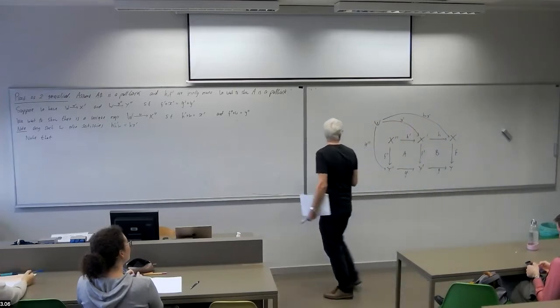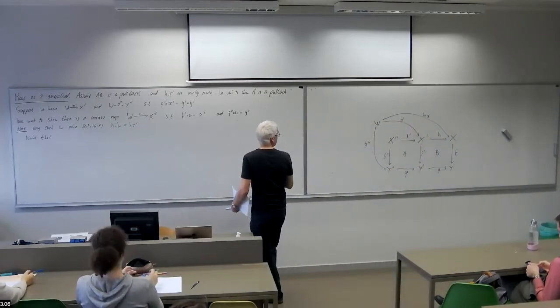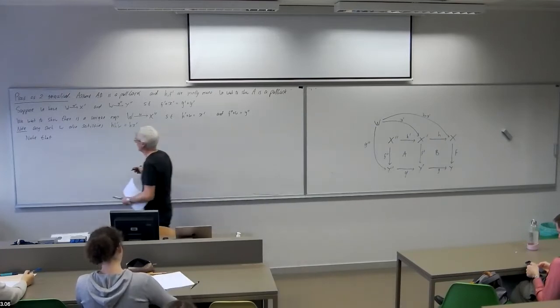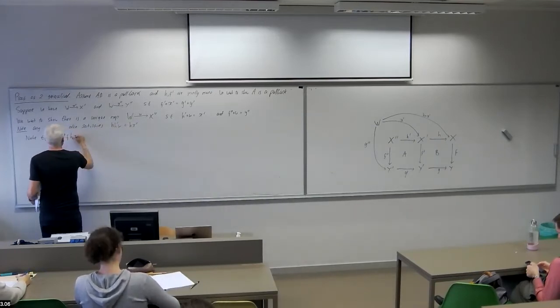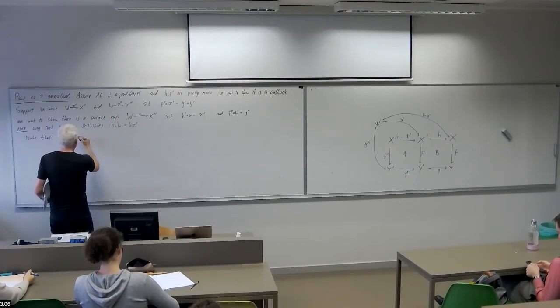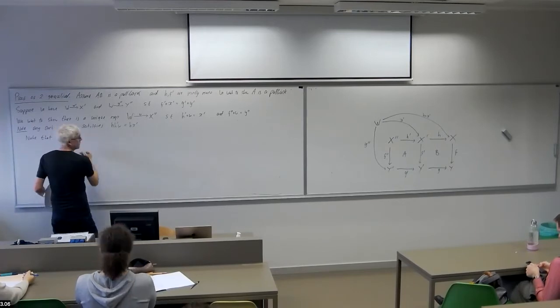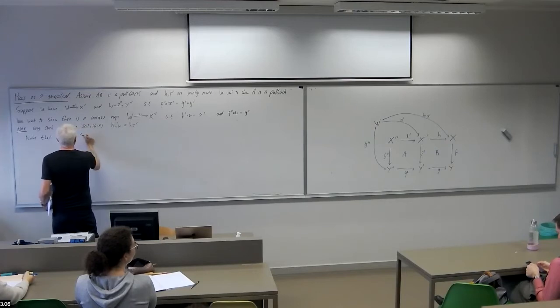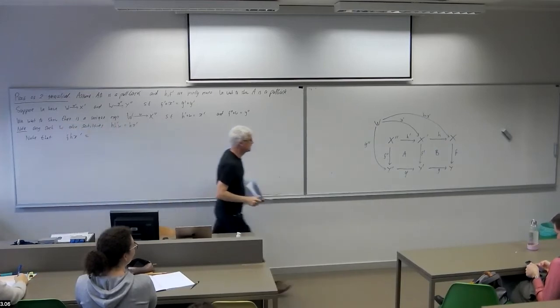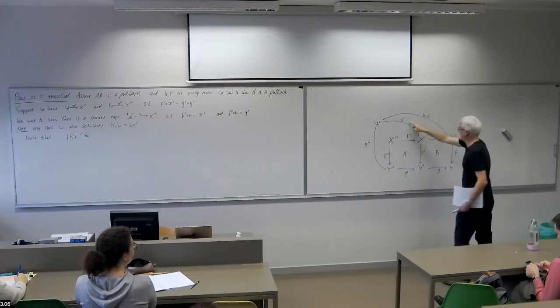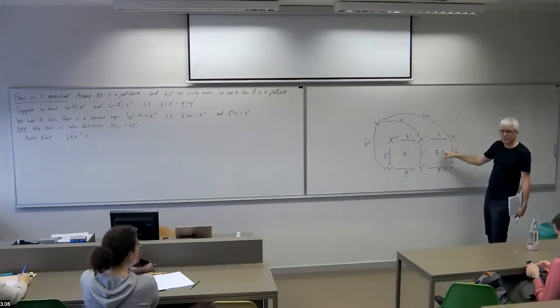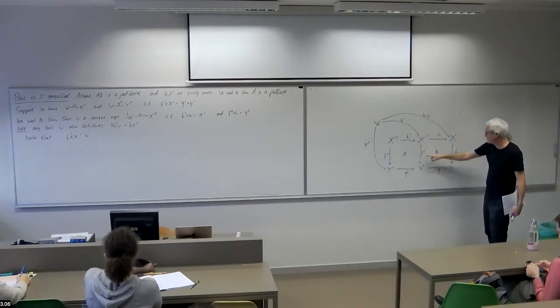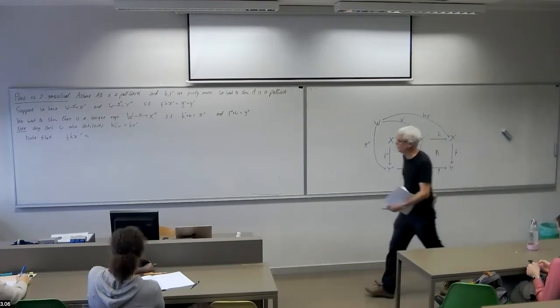But F composed with this map is F composed with H composed with X prime. But F composed with H composed with X prime, because the B square commutes, is the same as G composed with F prime composed with X prime.